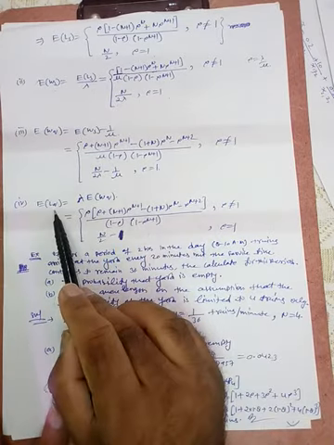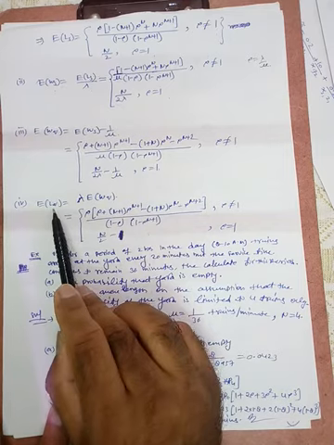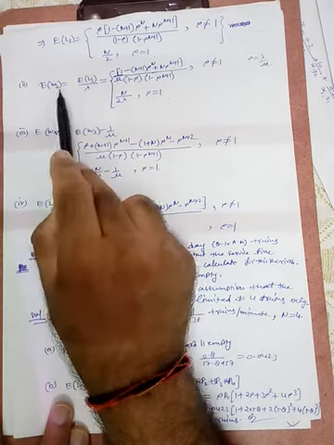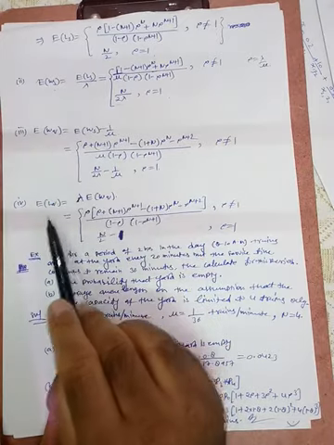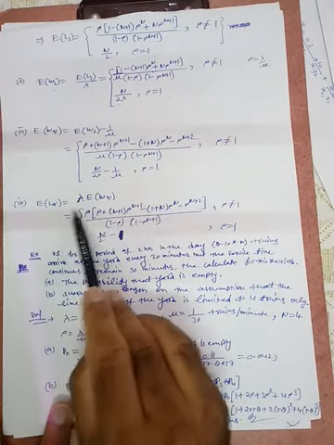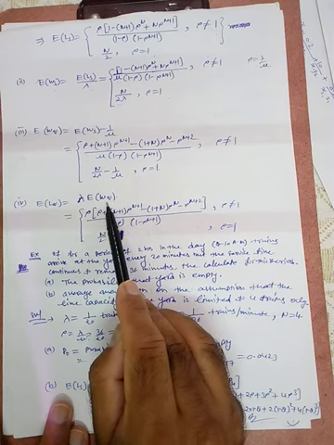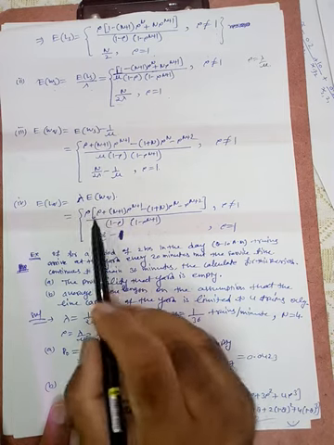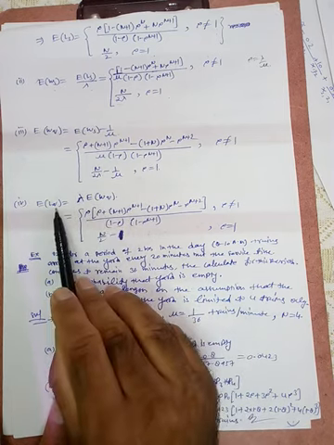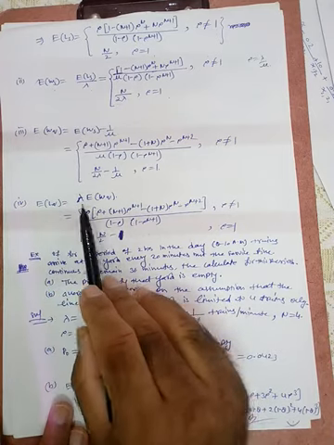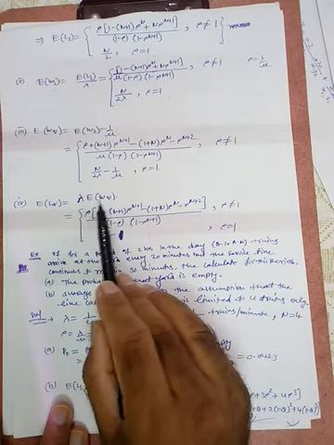And finally ELQ, the expected length in the queue, is lambda EWQ.